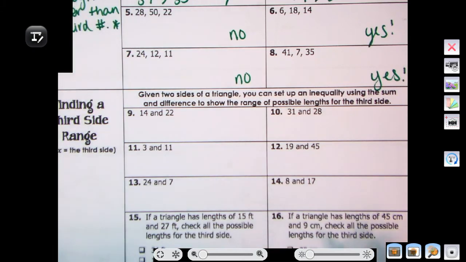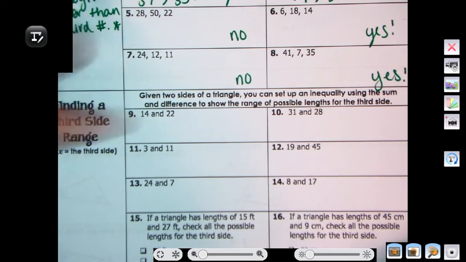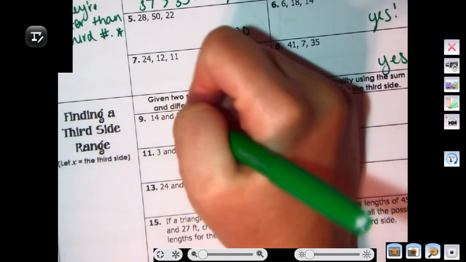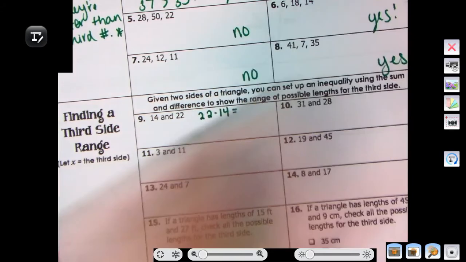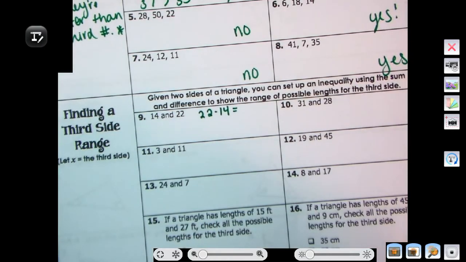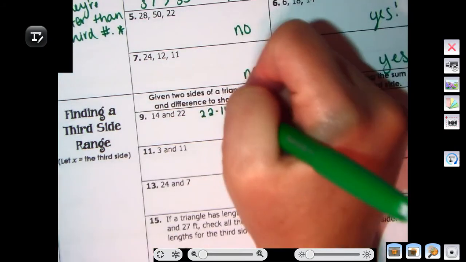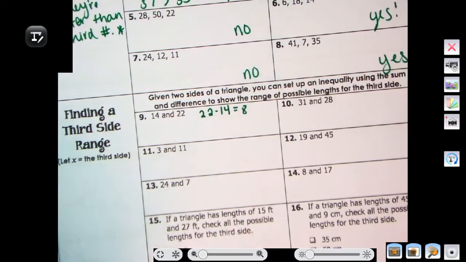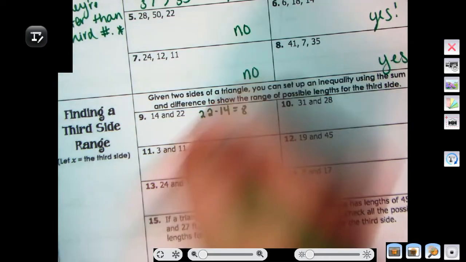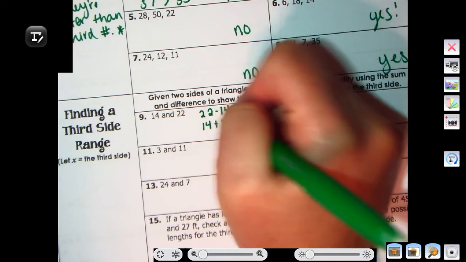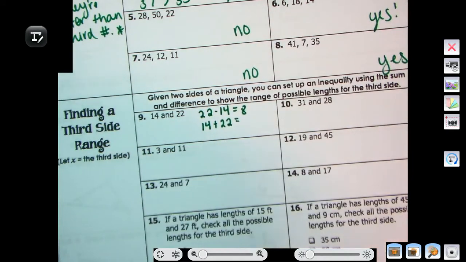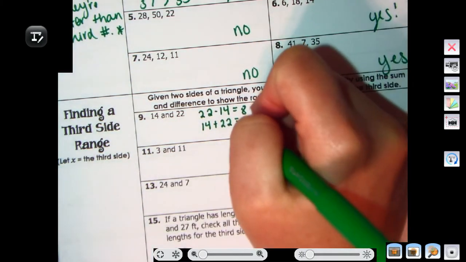So, for example, on number 9 here, I'm going to subtract first 22 minus 14. So 22 minus 14 gives me 8. Okay, so that's the difference, and then I'm going to add them. 14 plus 22 gives me 36.